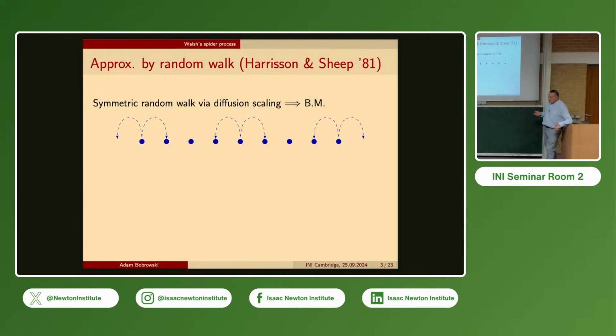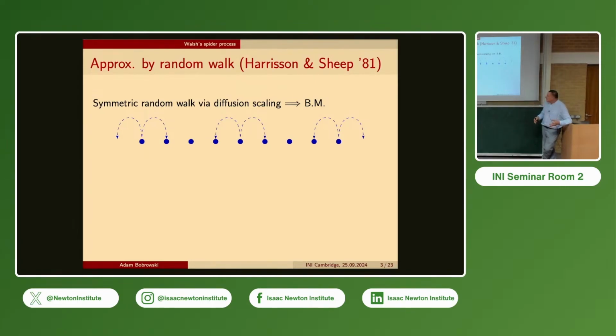Okay, so there is this. I think Andrew has shown this approximation during his talk. Also, there is this very nice approximation of skew Brownian motion by Harrison and Shepp. Everybody knows that if we have a symmetric random walk, from each point we go to the right or to the left with probability half.